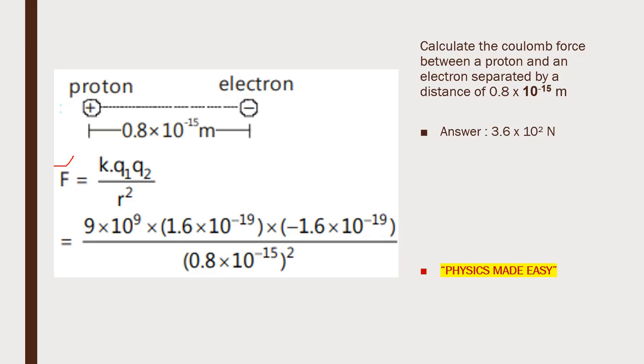Here Q1 represents the proton, Q2 represents the electron. Both have the same amount of charge in the same magnitude, but their nature is opposite. Electron is denoted by the negative sign and they are divided by the distance, that is 0.8 into 10 raised to power minus 15 whole square. After doing the calculation, we get the answer for the force 3.6 into 10 raised to power 2 Newton.